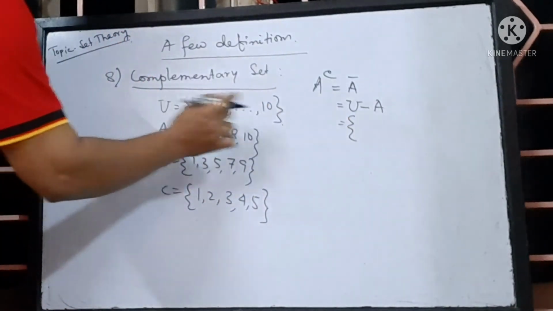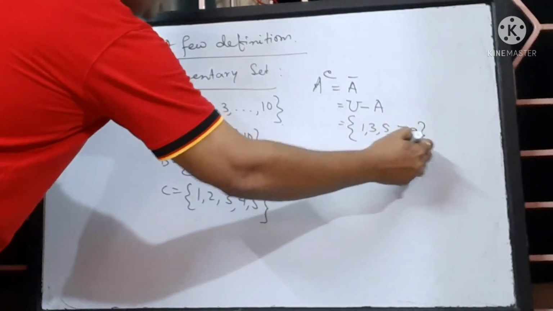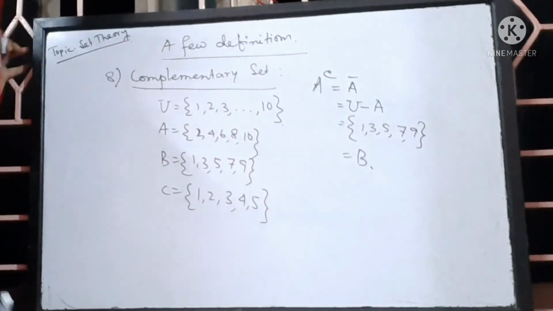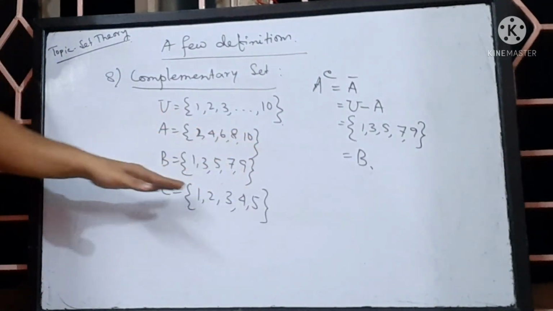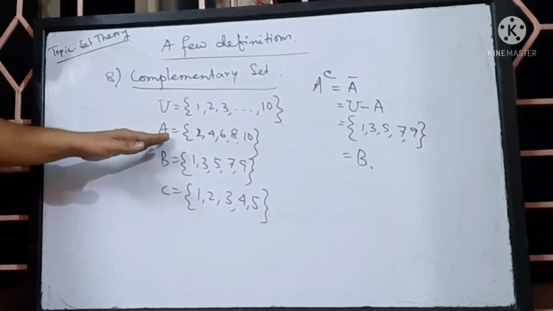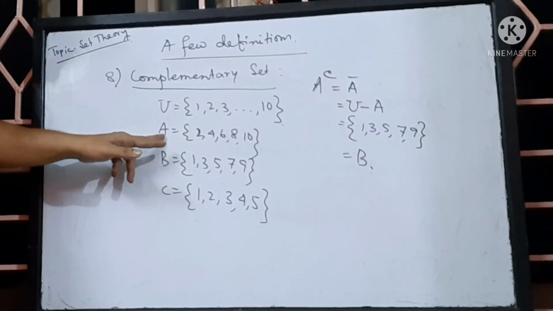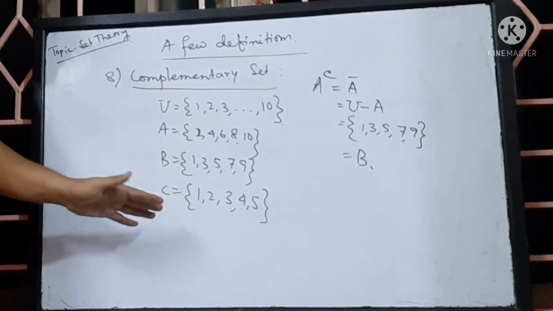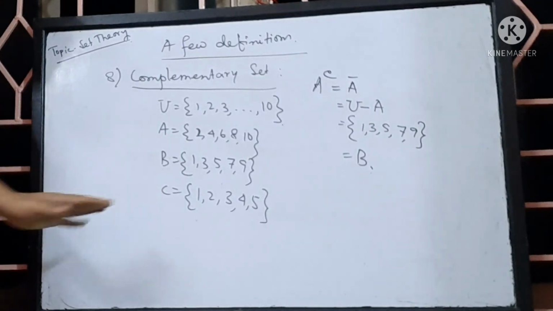Leaving 2, 4, 6, 8 and 10, we get 1, 3, 5, 7 and 9. Simply it is the set B. Also the complement of B is the set A. Here the complement of C is not defined.